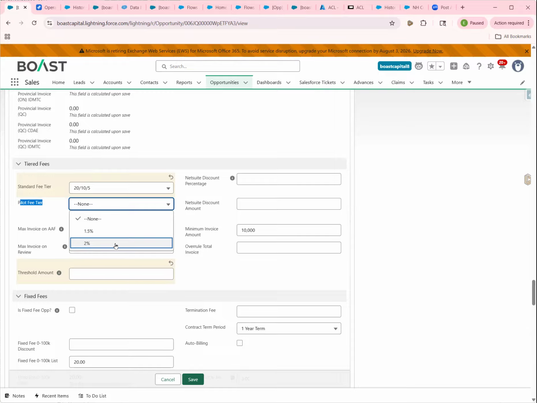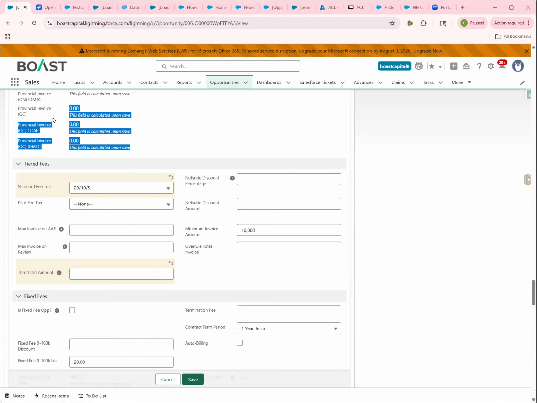Actually, these options are not correct because this is not the right type. If I change the record type to pilot, then I would see more options from this drop down. It's like 20% or 10% or 15%.